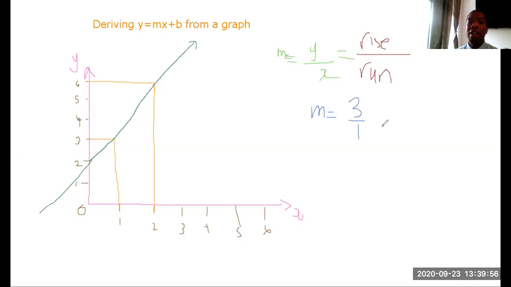Keep in mind, the points also have to be on my line. If the points are not on my line, then it doesn't work. I could also look at this and tell what my b is. Could someone put in the chat what my b is? Remember, b is the y-intercept. Yes, that is correct.